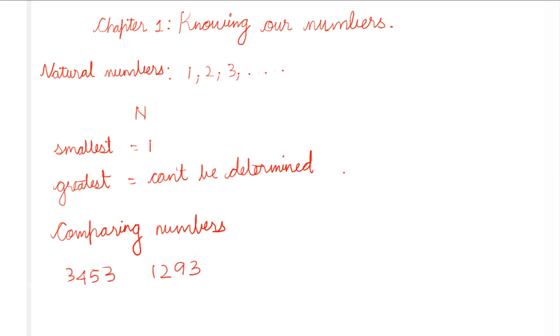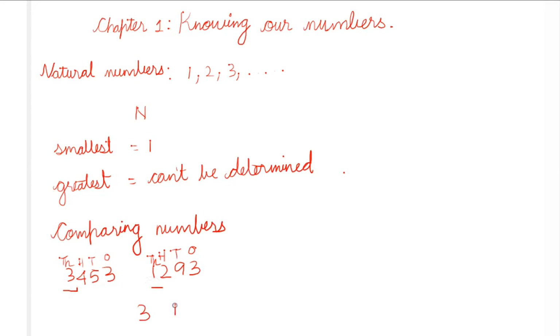The very first step is start from the highest place value. So first write the place value of the digits on top: ones, tens, hundreds and thousands. Similarly here, ones, tens, hundreds and thousands. So now which is the highest place value here? Thousands. So here it is 3 and here it is 1.